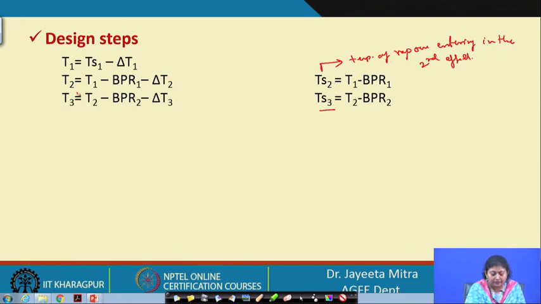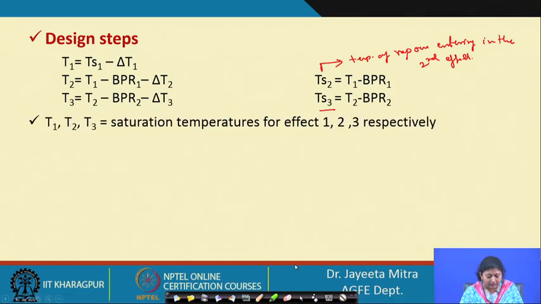And T2 will be equal to T1 minus boiling point rise minus delta T2. So, T2 is the temperature in the second effect, and T3 is the temperature in the third effect. Okay.